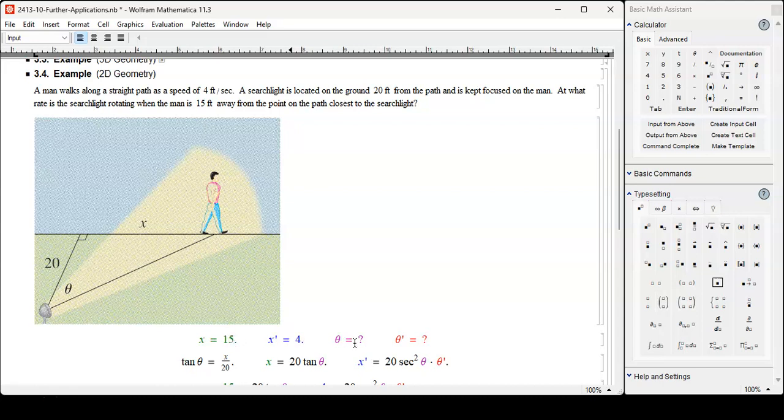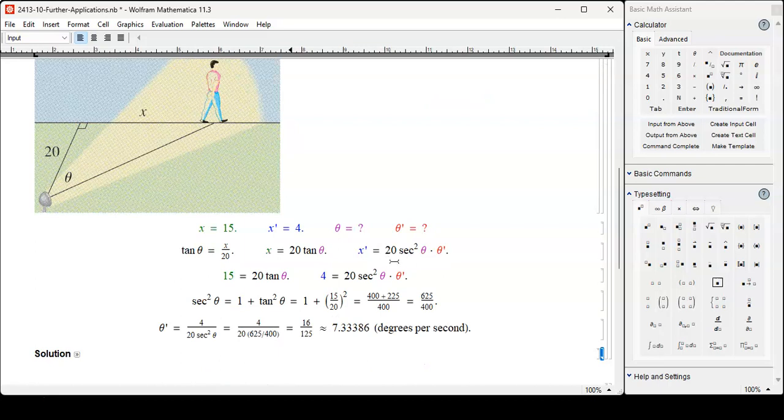Problem gave you that. Theta unknown, theta prime unknown. We don't really have to find out theta because what we need is secant squared of theta. So from tangent, I use Pythagorean to find out the secant squared. But of course, you can do alternative methods to find out secant squared as well, including finding out theta directly from here using arctangent expression and using a calculator.